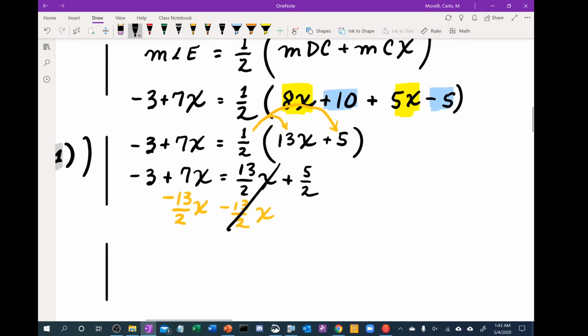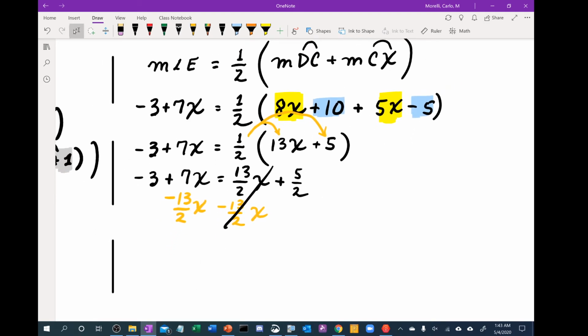Okay, so we have to do a little bit of side work before we can finish this subtraction. We have to get 7x to be something that has a 2 in the denominator, because this 2 requires that we have 7 with a denominator of 2. So we have to multiply 7x times 2 over 2. Okay, and that equals 14 over 2 x.